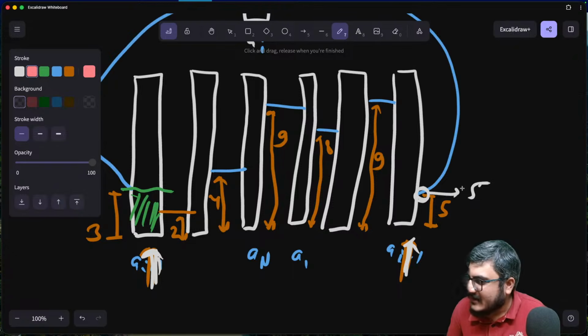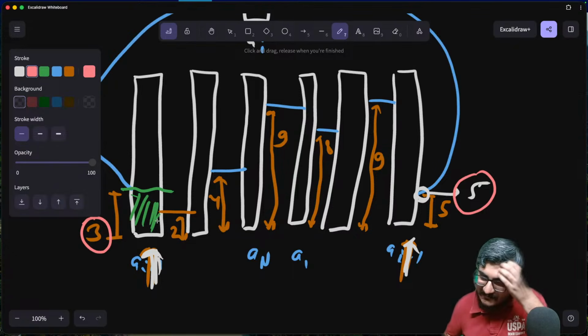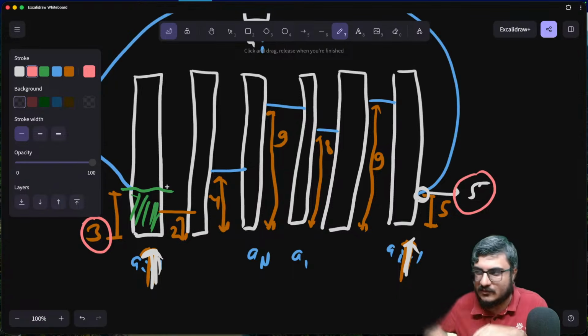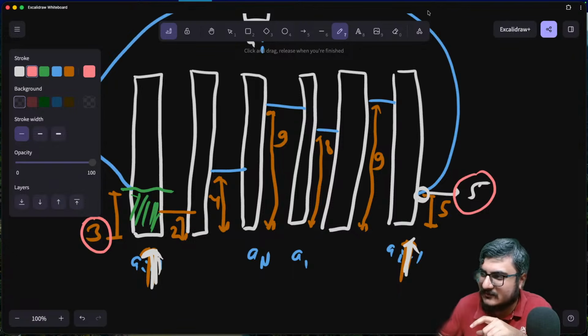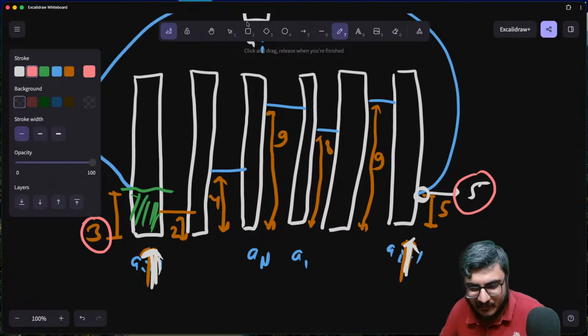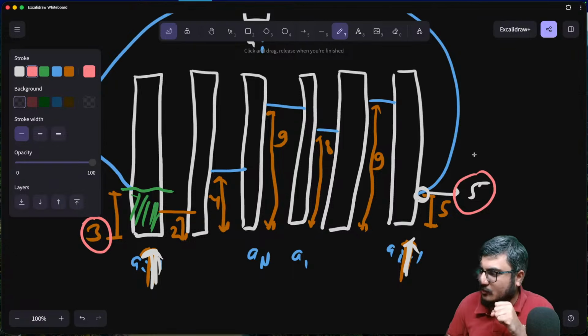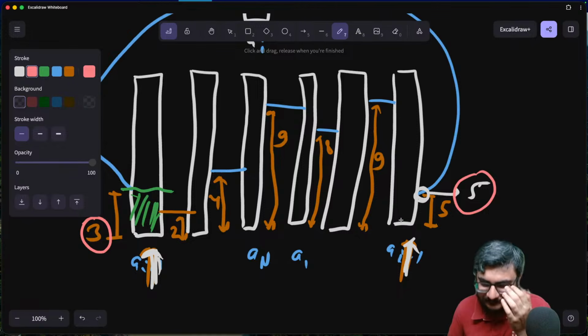No. I have looked at the smaller of 3 and 5, and for the smaller one I have claimed that if I fill water up to 3, it will not overflow to the other side. I cannot claim that if I fill water up to height 5 over here, it will not overflow. There would be cases when it can move out. So only compare the smaller of 3 and 5, and that's where we are.